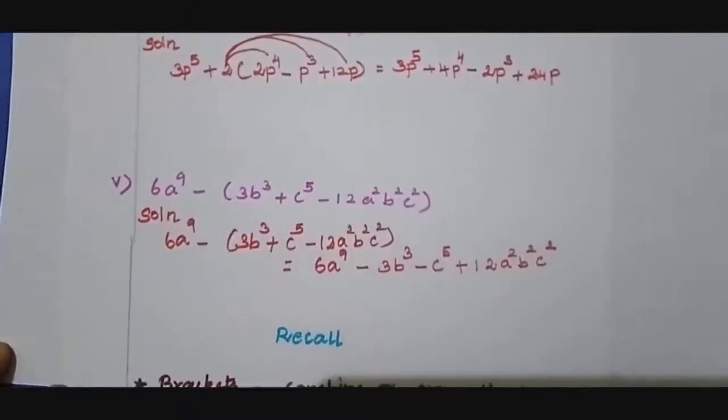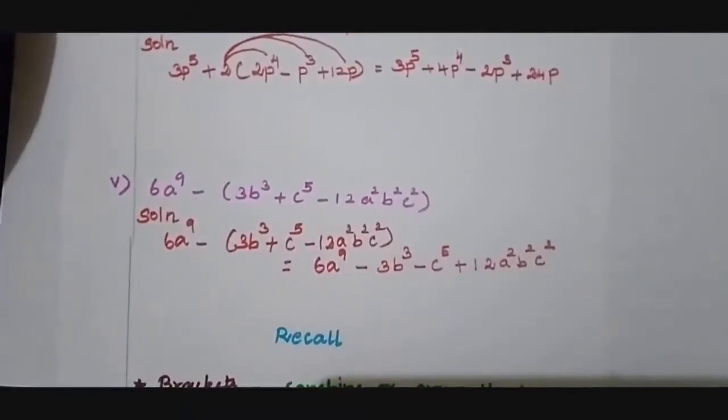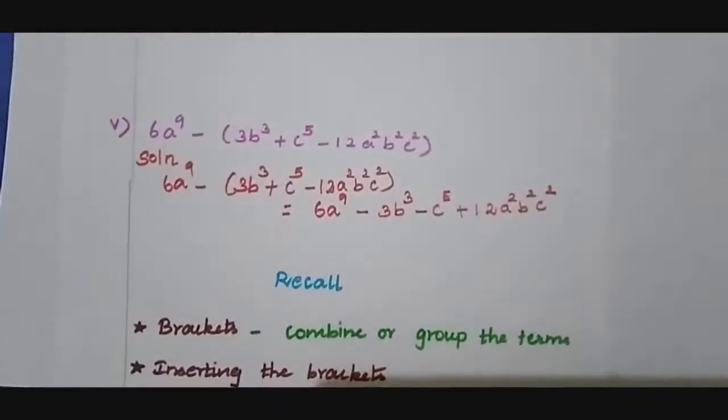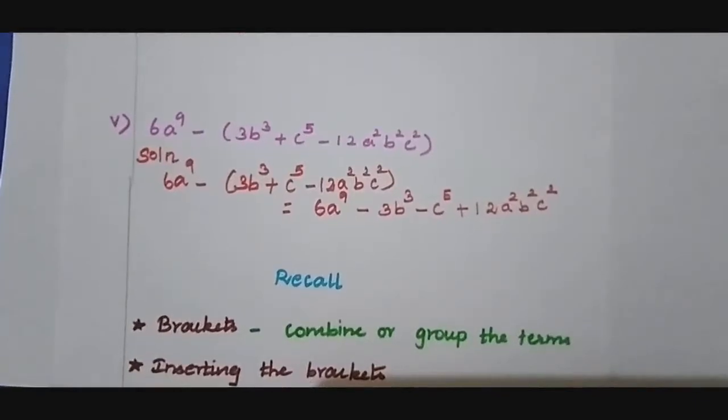Let us have a small recall of what we have learned in today's class. Why do we use brackets? Yes. When an algebraic expression involves multiple operations, brackets are used to combine or group the terms.